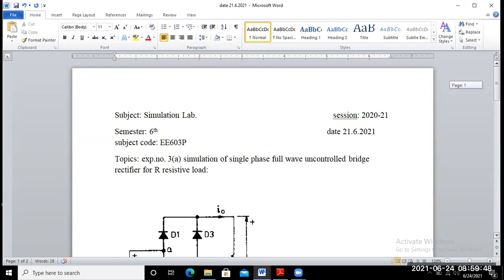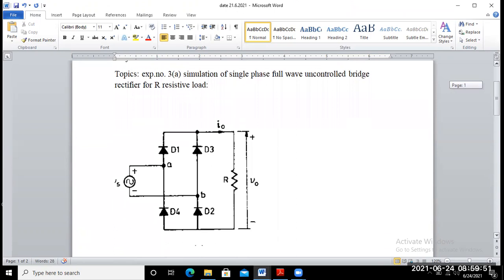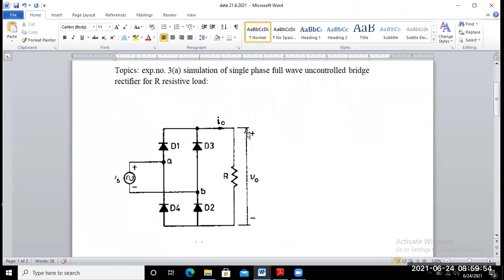Okay. So their circuit diagram, just for the resistive load, may be like this one. That means 4 diodes numbered 1 to 4. In the nomenclature of the diodes, we number the upper diodes with odd numbers, D1 and D3, and the lower diodes are represented by D2 and D4.